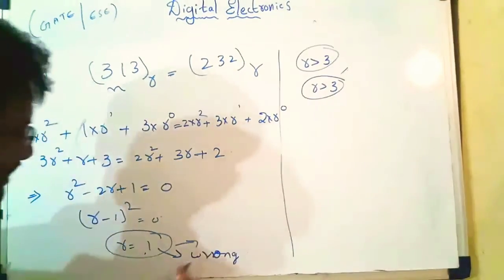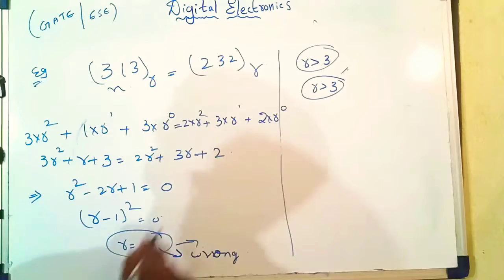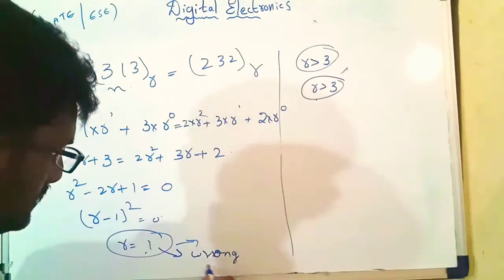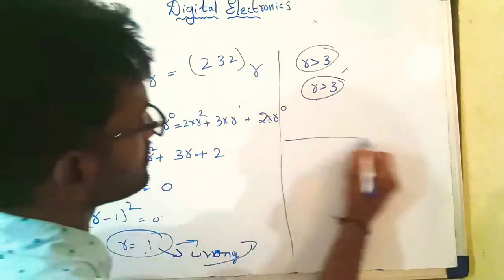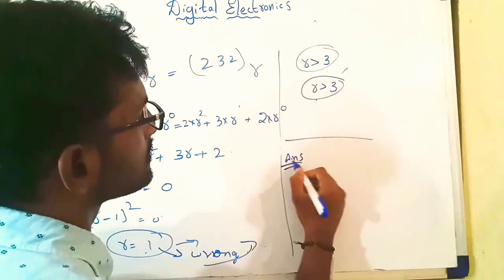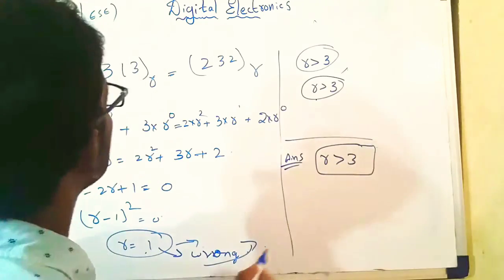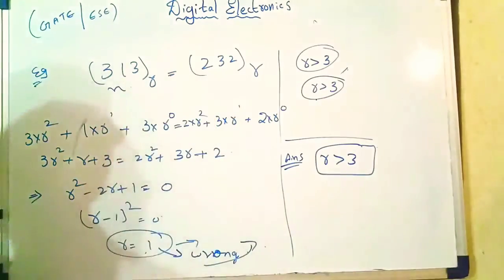The value is 1, but the base value must be greater than 3. Hence R equal to 1 is wrong. So the answer is R is greater than 3. This is the range of R existing for this problem.